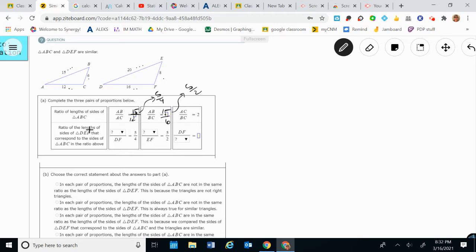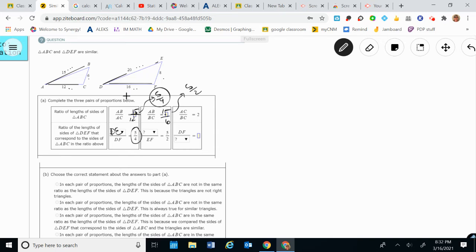All right, so when you compare, you want to compare the same sides. So if they did AB over AC for this one, we want to do DE to DF. We want to do the comparative sides, the corresponding sides. And then look, it's 5/4. They have the same ratio.